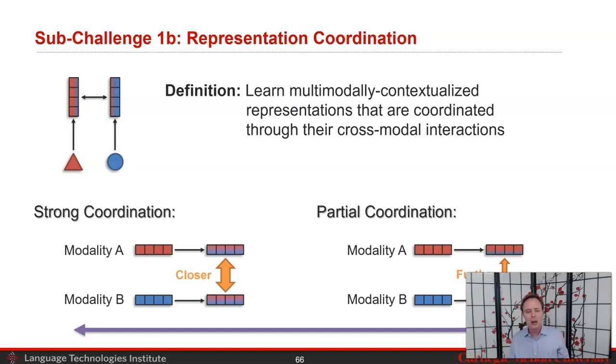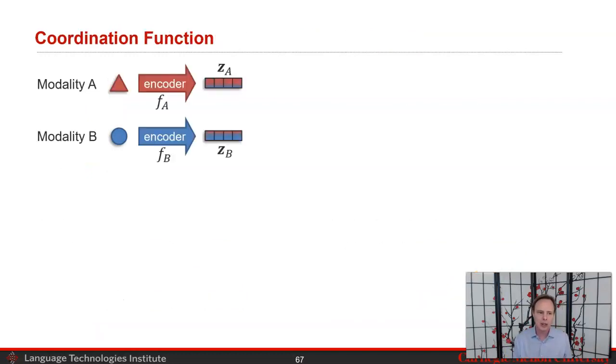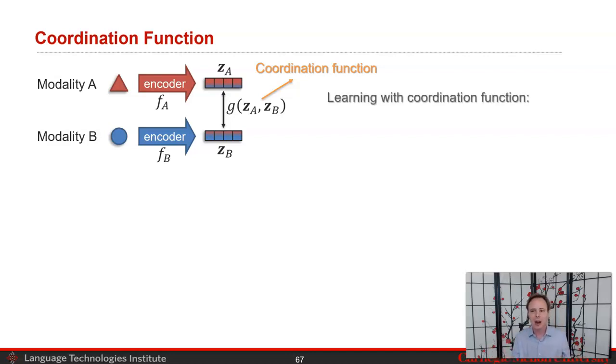While partial coordination will start to be a little bit more subtle in its way of coordinating, and we'll give you some examples. But the key for many of the approaches, specifically the strong coordination approaches, is what we call coordination functions. A coordination function is what coordinates the two, wanting them to be very similar, for example.